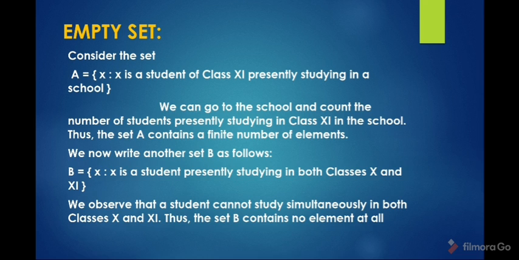That's why there will be no such students who study in class 10 and 11 simultaneously. So in set B there will be no collection of students. That means there will be no element in set B. This kind of set is called an empty set.